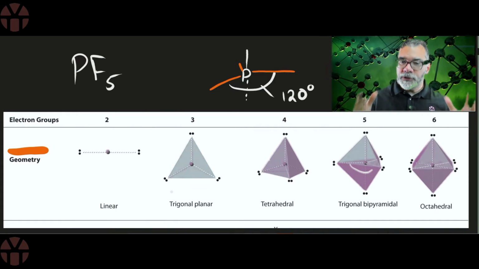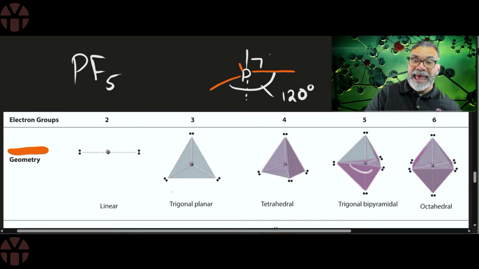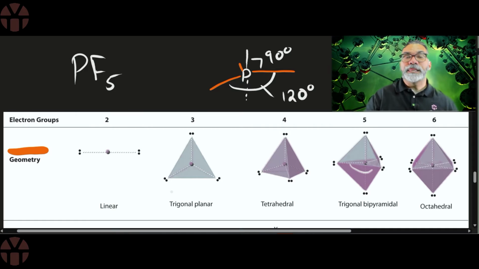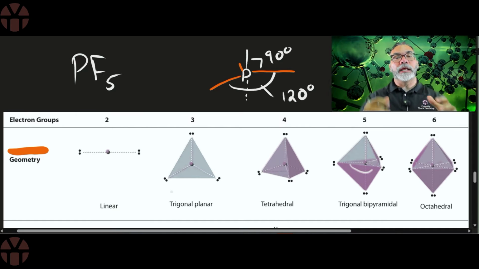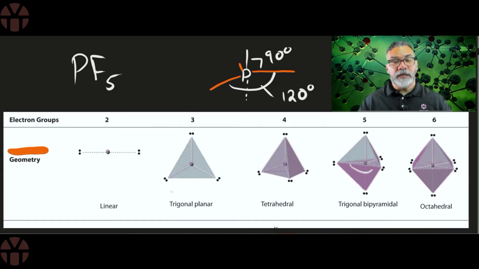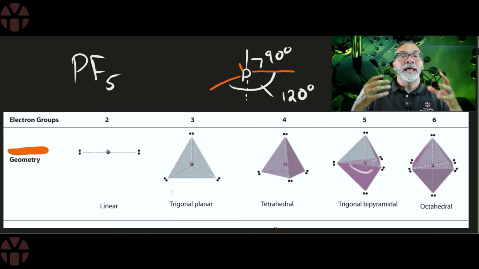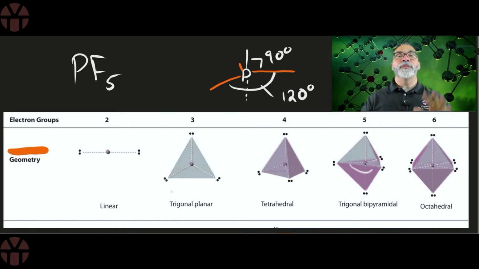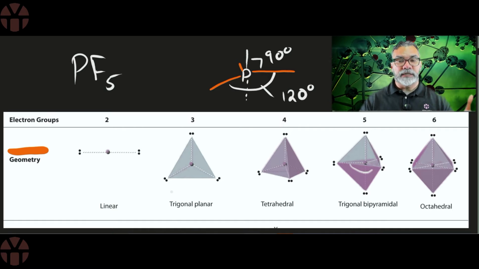The answer is no. But because I have 120 and 90, that's better than if I put everything on a 90-degree angle. And so this is why the trigonal bipyramid is going to be the shape that our molecules take when there are 5 possible bonding sites, where there are 5 places that these things can attach.